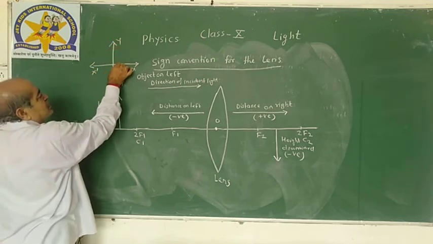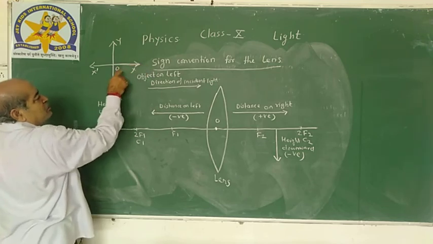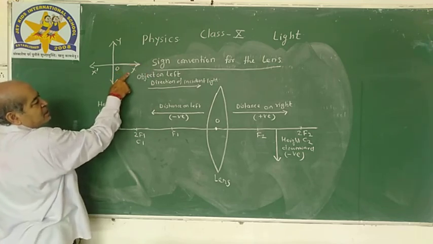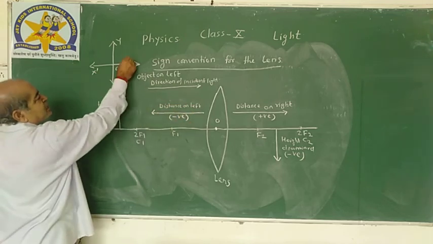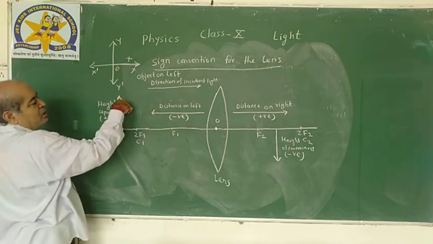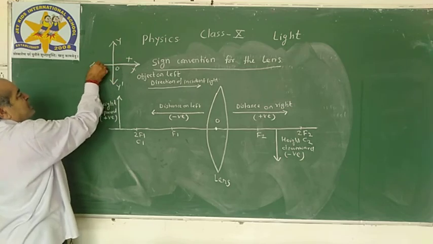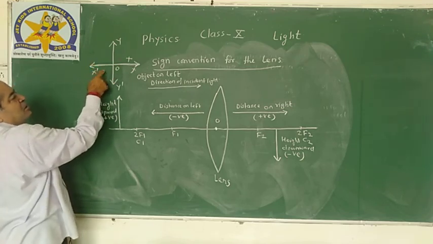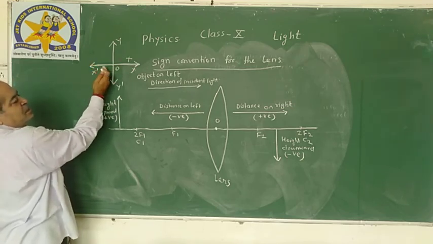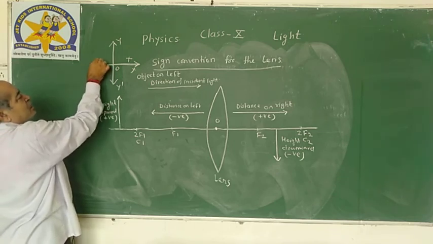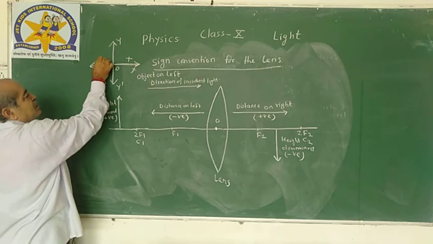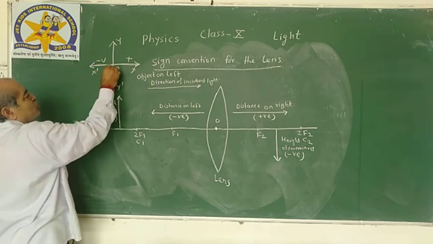OX is taken as the positive direction of the x-axis, hence distances measured on the right side are taken as positive. OX dash is the negative direction of the x-axis, hence distances measured on the left side of the optical center are taken as negative.